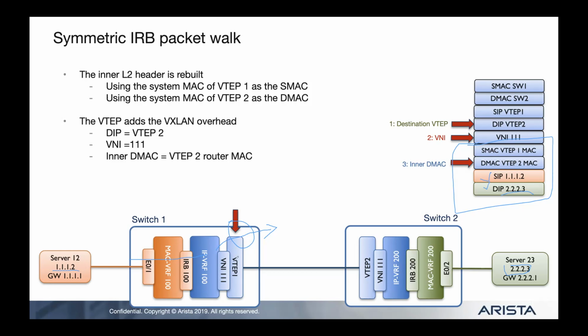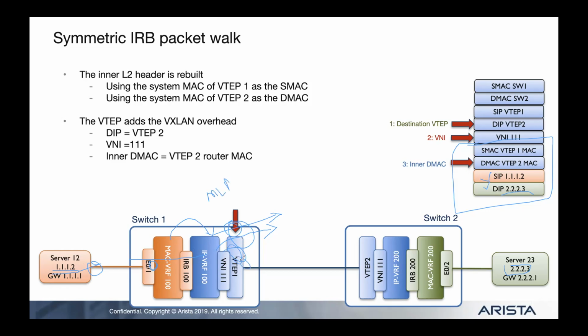What will be the source MAC? As we are routing, when we send out this packet from the server, the source MAC will be the server's MAC and the destination MAC is the gateway MAC. Now we are routing this packet from VLAN 100 into this VNI. So when we send this out, our source MAC will be this VTEP's MAC, which is nothing but the EVPN system ID of this VTEP.